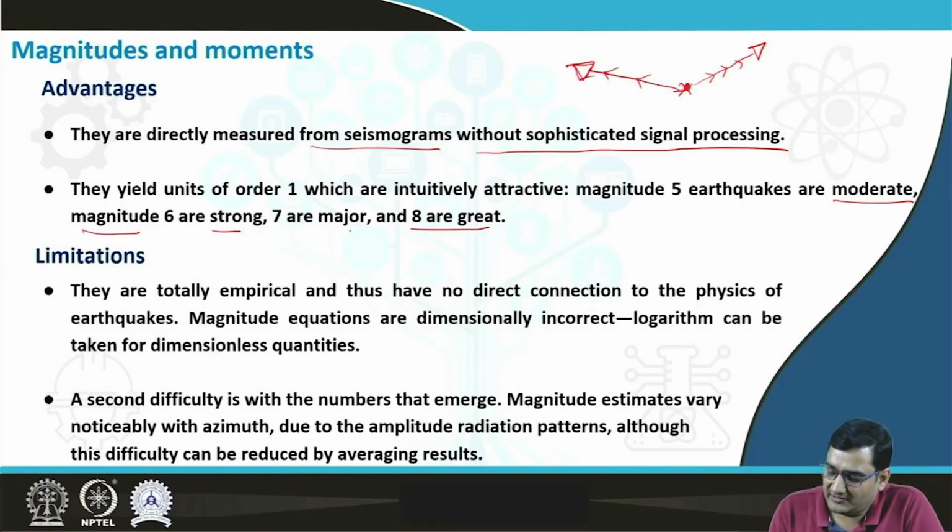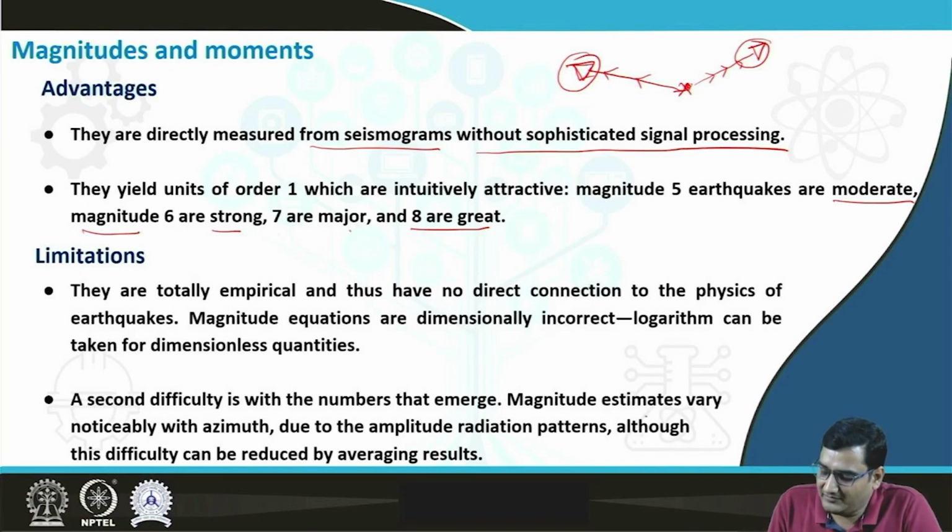There will be a difference in the seismogram and in the amplitude as well, and this will have an effect on the magnitude values we derive using the formulas we just saw.